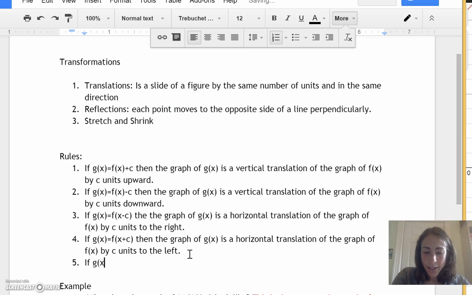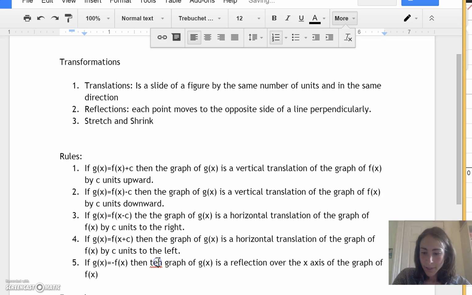If g of x equals the negative of f of x, then the graph of g of x is a reflection over the x-axis of the graph of f of x. So that's a pretty easy one. We just take all the positive values and make them negative. It makes sense that it should flip over the x-axis that way.